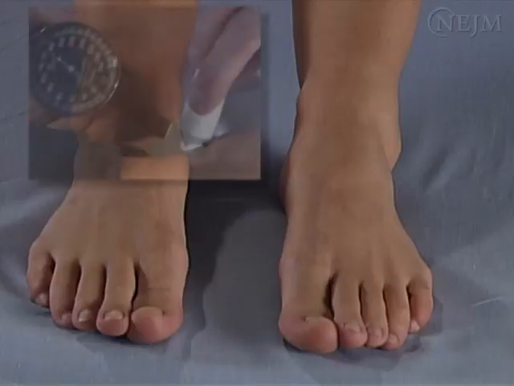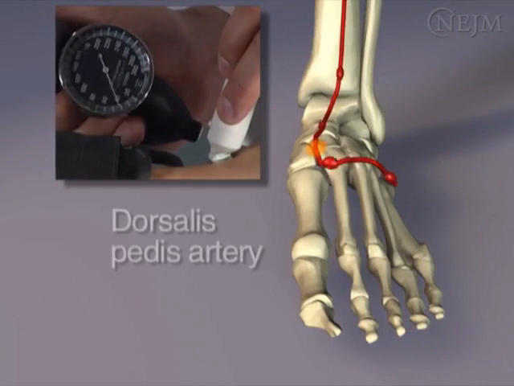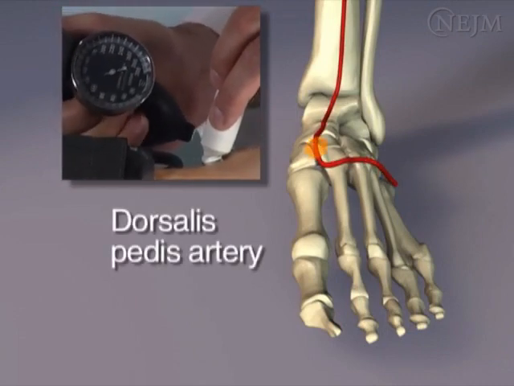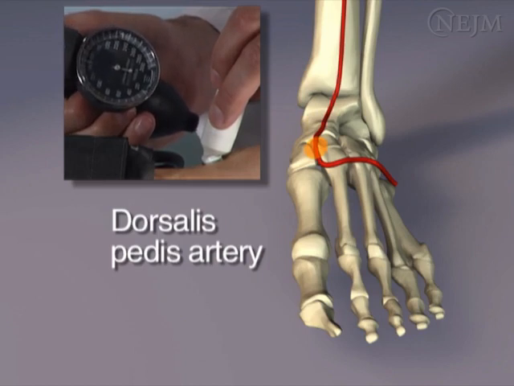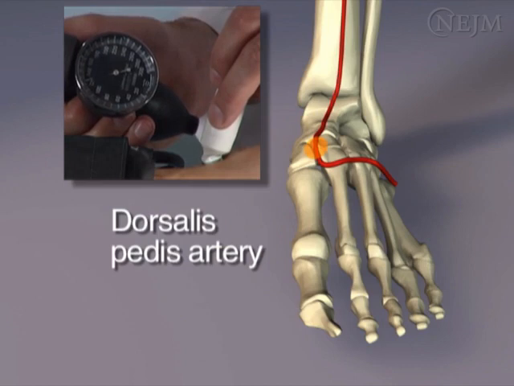Apply the Doppler probe to this area and inflate the blood pressure cuff to 20 to 30 millimeters of mercury above the level of flow cessation. Then slowly deflate the cuff until you hear the sound of the systolic pressure and record it.